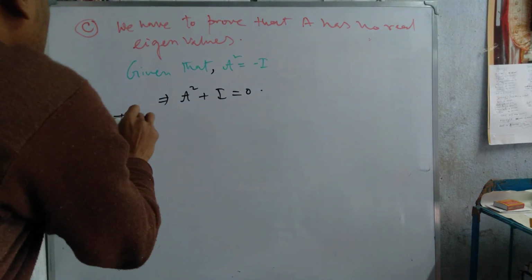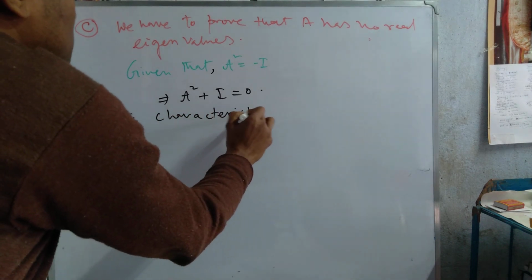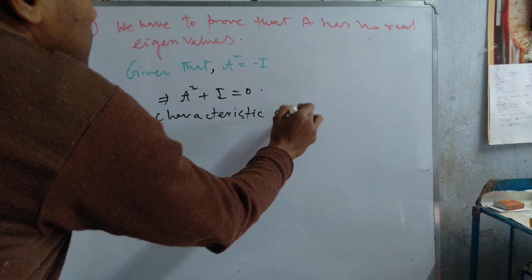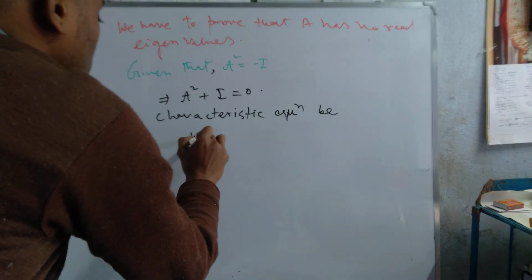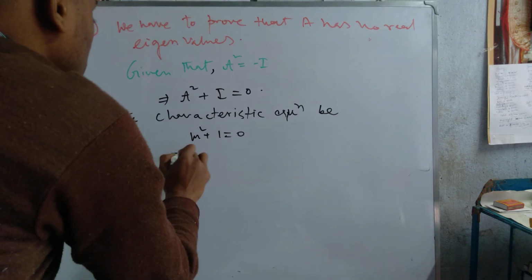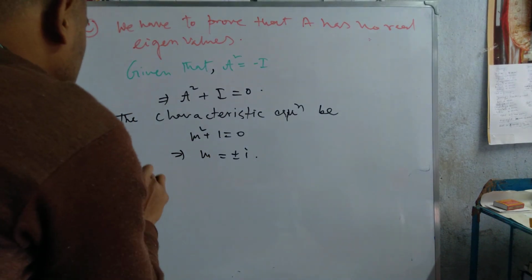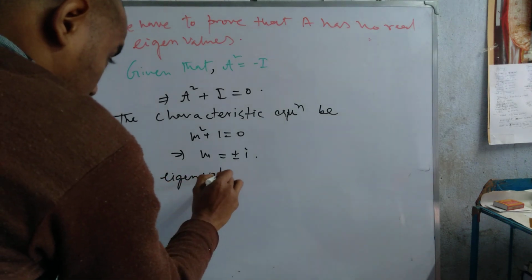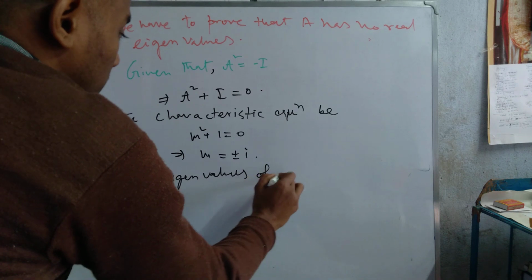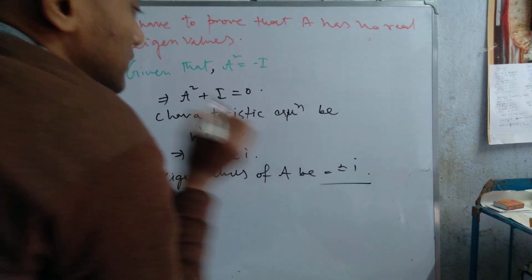Now the characteristic equation is m square plus 1 equal to 0, then m equal to plus minus i, so the eigenvalues of A are plus minus i.